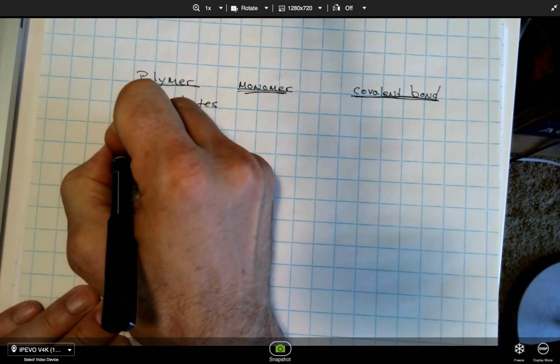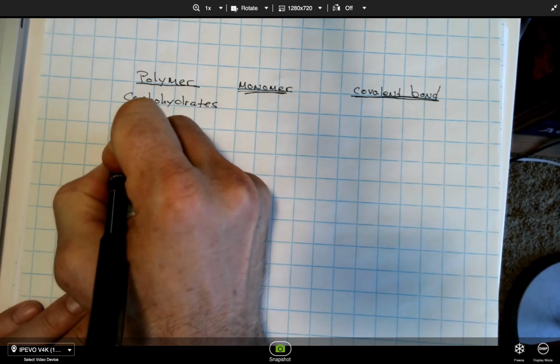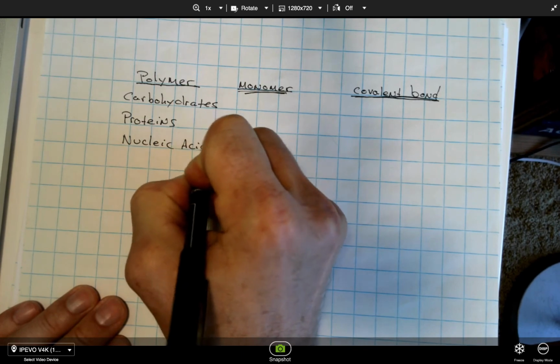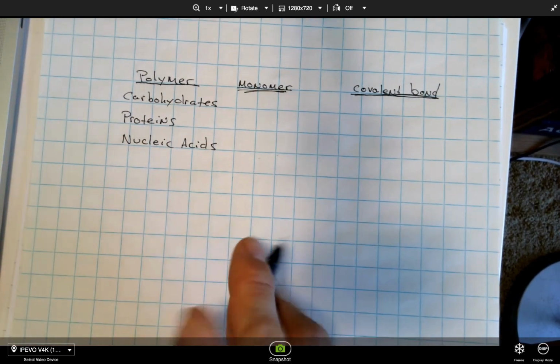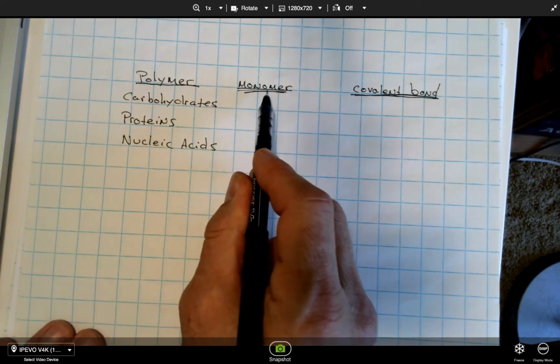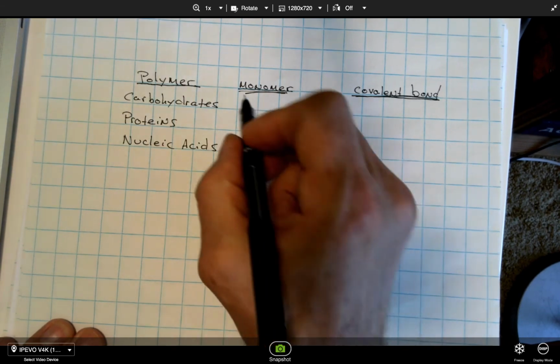We have proteins and nucleic acids. So let's fill in this table here. The name of the monomer that makes up carbohydrate polymers are monosaccharides.